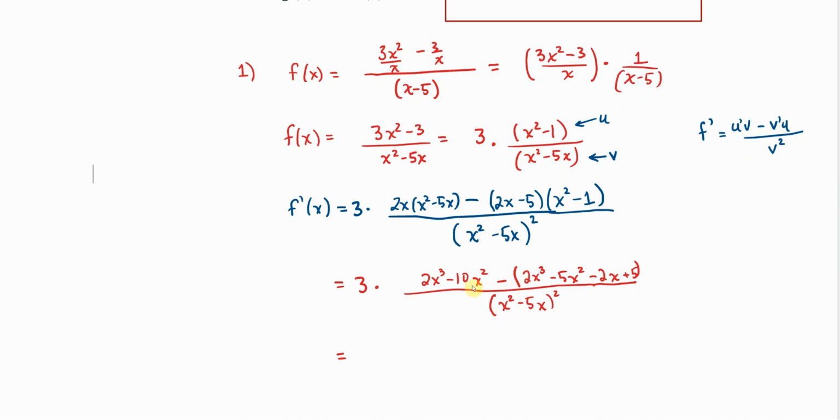I have a negative 10x squared, and then I'm going to add 5x squared, so that gives me negative 5x squared. And then plus 2x, and minus 5. Okay, and all of that over x squared minus 5x quantity squared times, don't forget that 3 in the front. So this is the derivative of f of x.